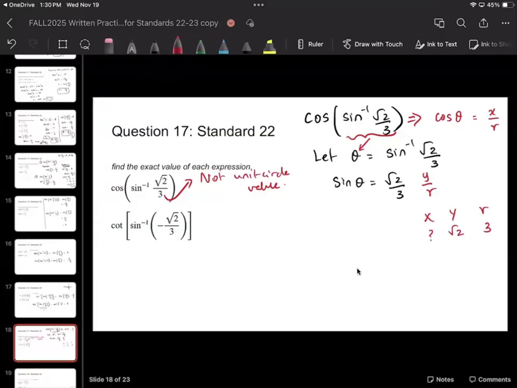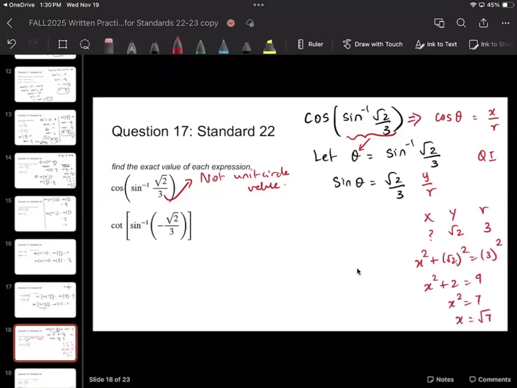So you know y, you know r, you don't know x. But since sine inverse was positive, you know the angle is in quadrant 1. So you know x is also positive. How do you find x? X squared plus y squared is r squared. X squared plus 2 is 9. X squared is 7.